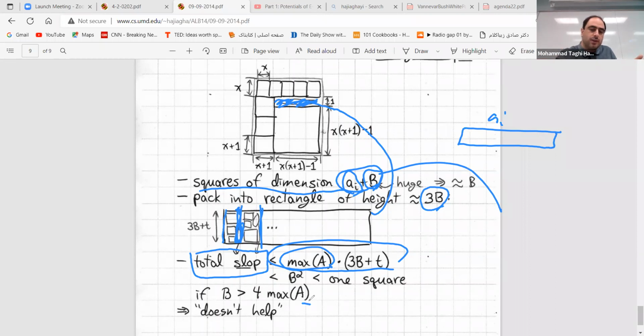To do so, we need to only take b greater than 4 times max A. Good. So when you put such a large number, then we cannot put another one in this empty space. And in the slope here, we cannot do that much.